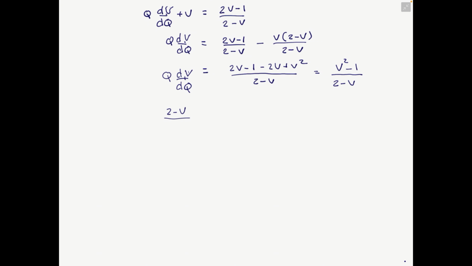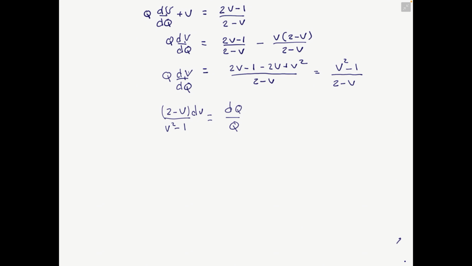We got (2 minus v) on (v squared minus 1) dv equals dq on q.